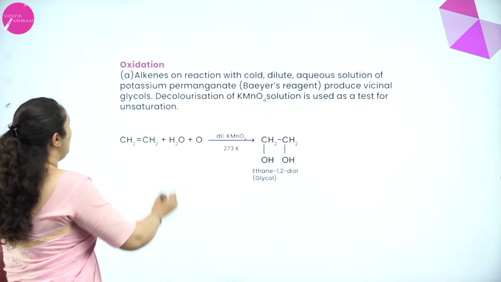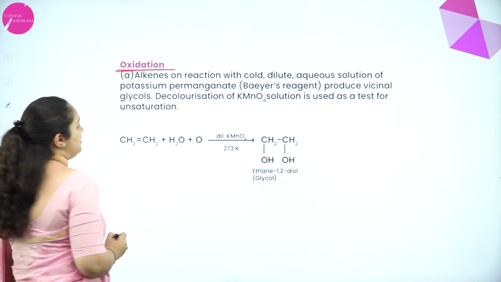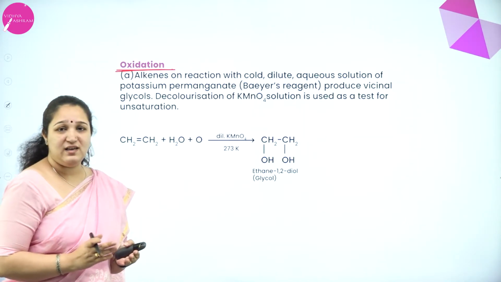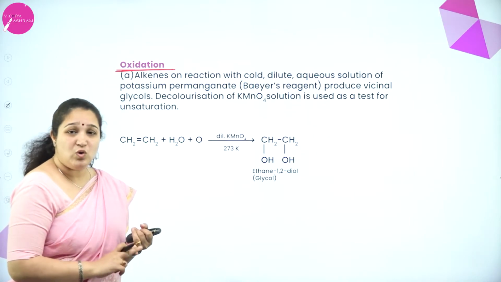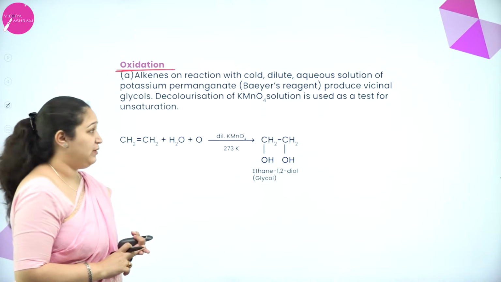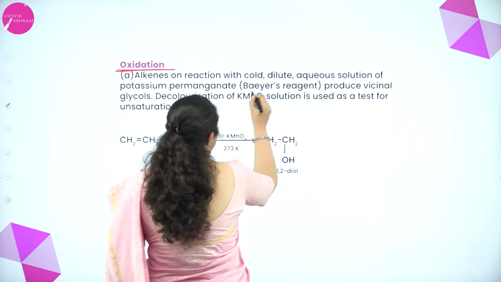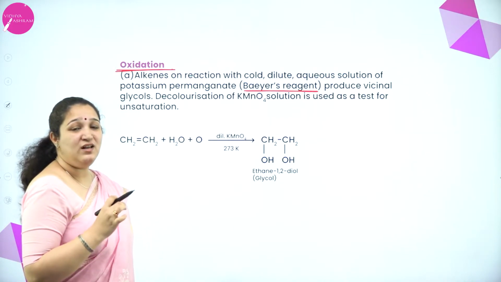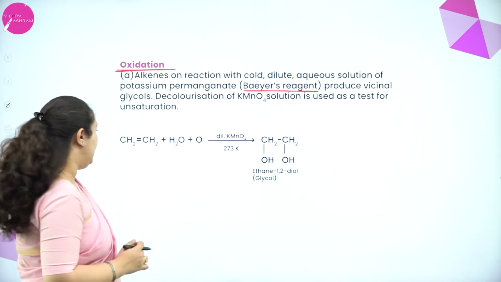Next one is oxidation reaction. So what is oxidation reaction? Alkenes react with cold dilute solution of potassium permanganate, which we call Bayer's reagent, to produce vicinal glycol. What happens?